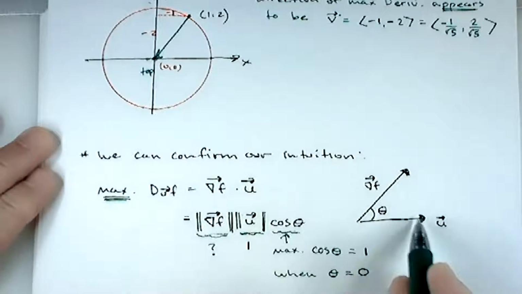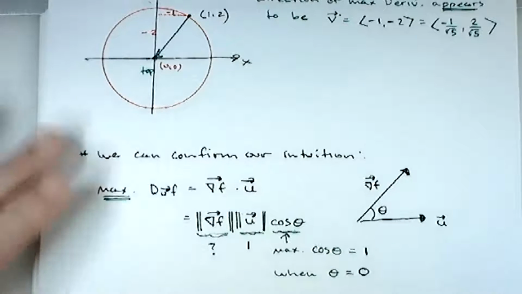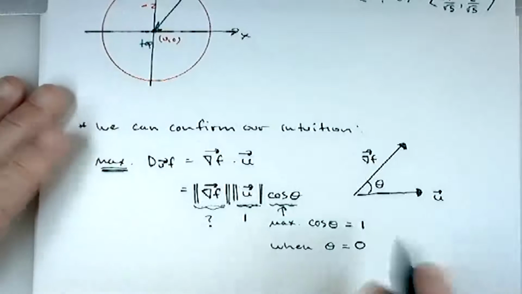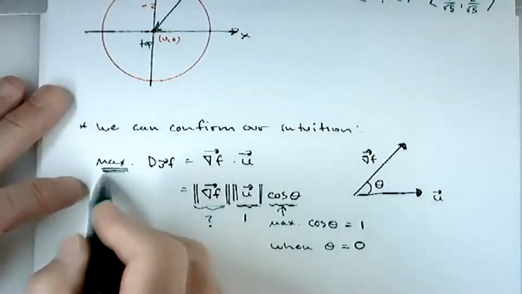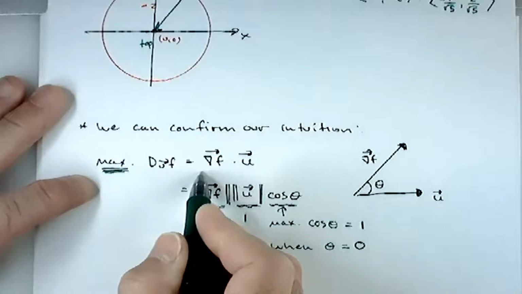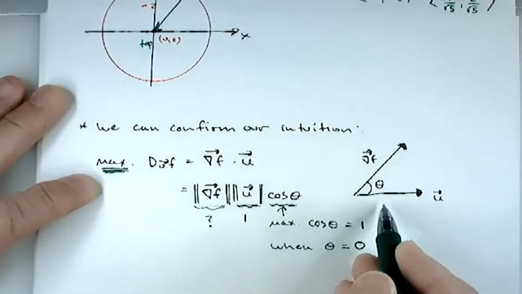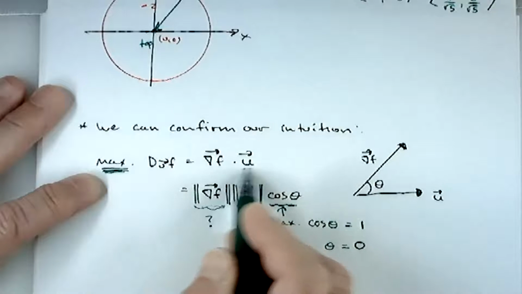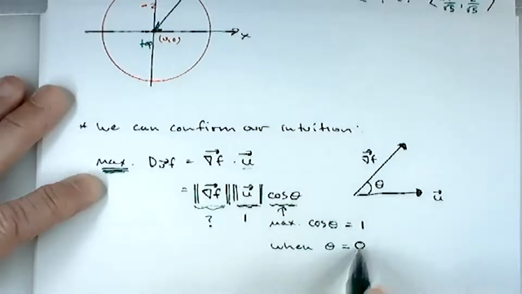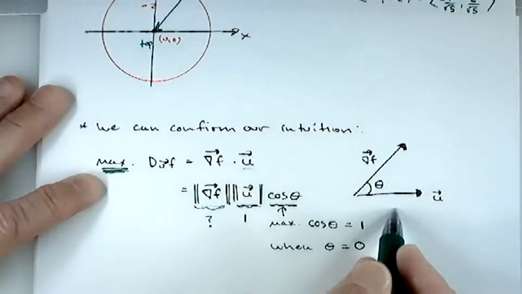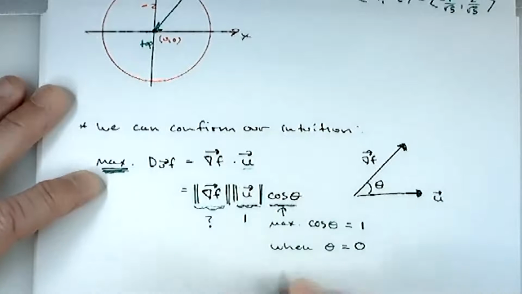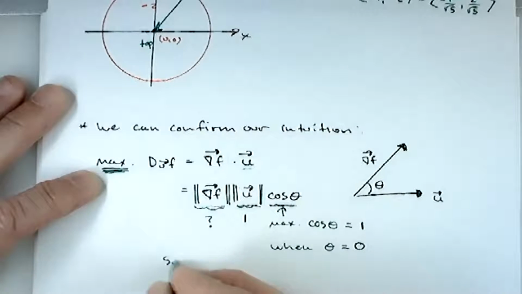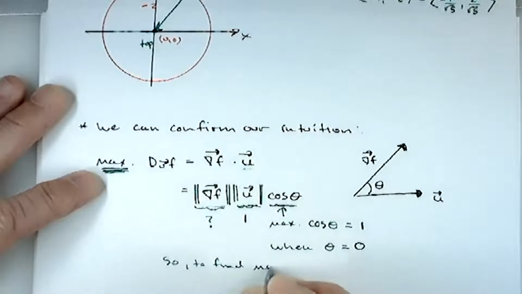So this tells us something. Actually, two facts. This says if I want to find my maximum directional derivative, the direction I should be moving in, what this is saying is the angle between the gradient and u should be 0, right?